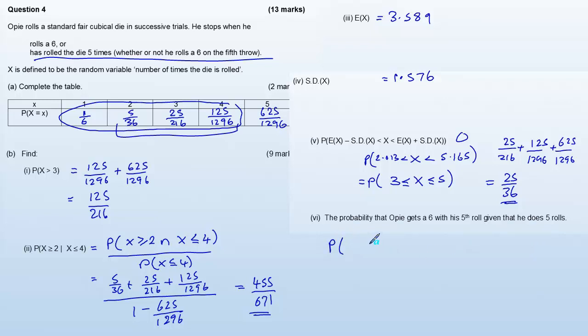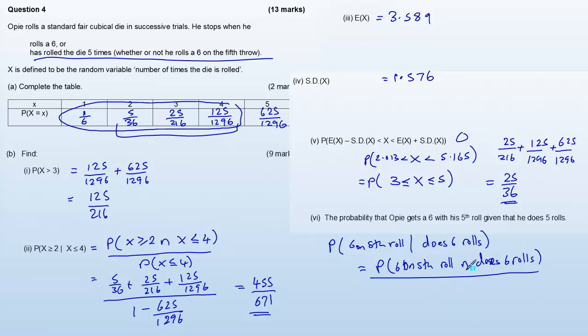So probability 6 on 5th roll given does 5 rolls, that's equal to the probability that he gets a 6 on the 5th roll and does 5 rolls, which is just the same as getting a 6 on the 5th roll, over probability does 5 rolls.